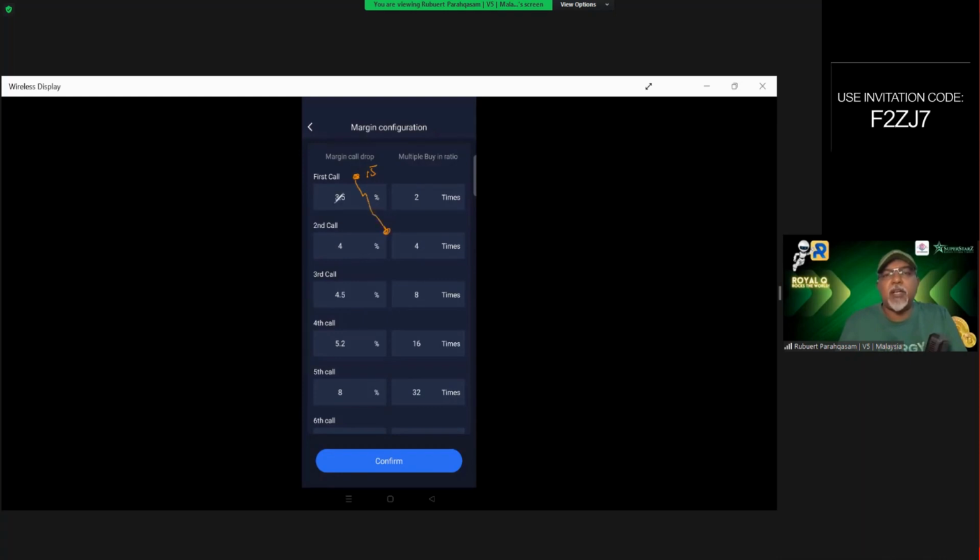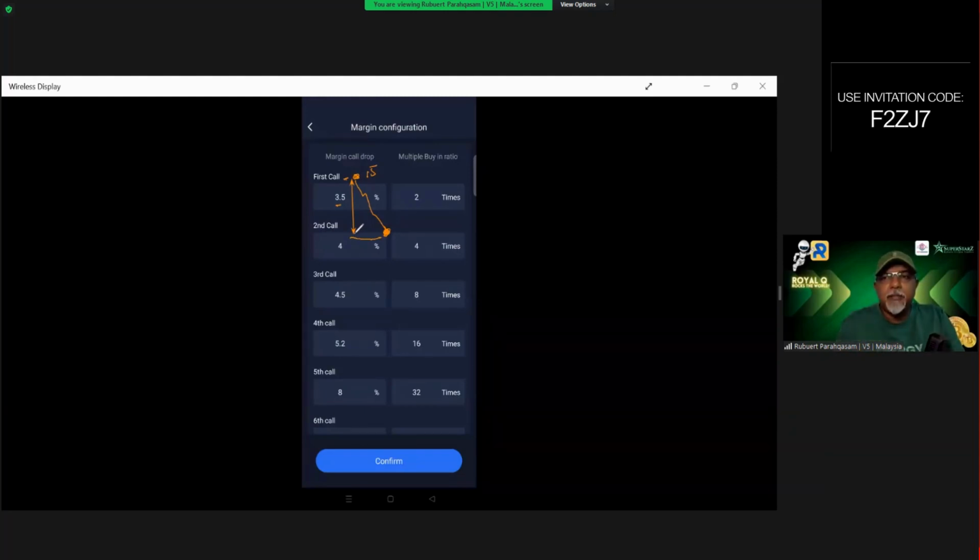Once the market has dropped by 3.5%, because here's 3.5%, what happens is the robot gets ready to buy. It won't buy here. The market has dropped 3.5%, but it won't buy. It just gets ready to buy.